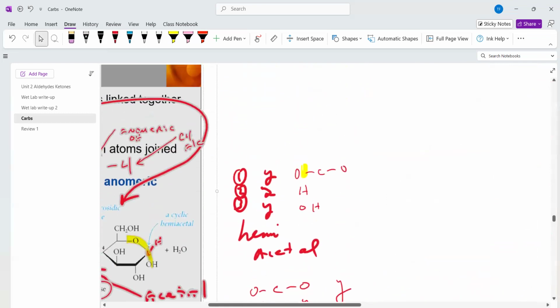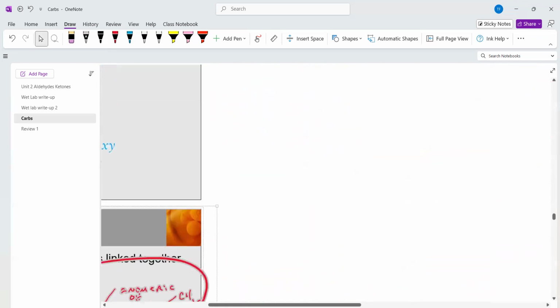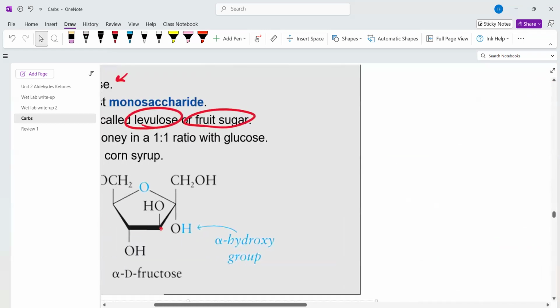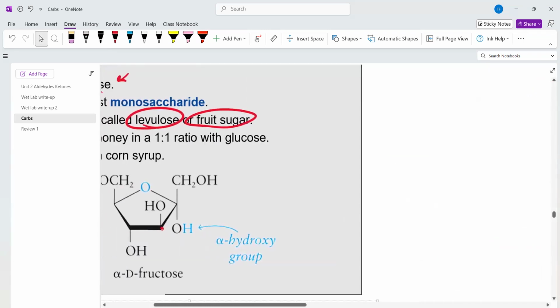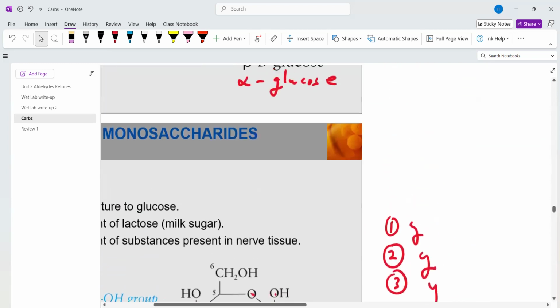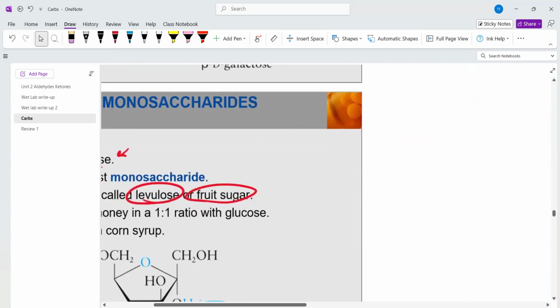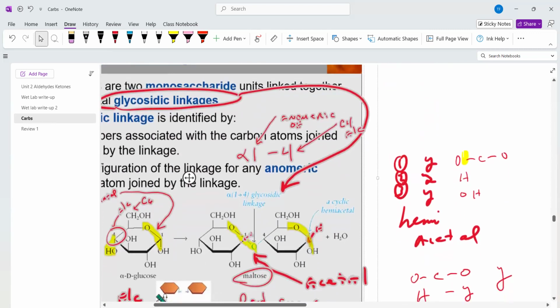Let's go back up to where the disaccharide starts. Here it is.